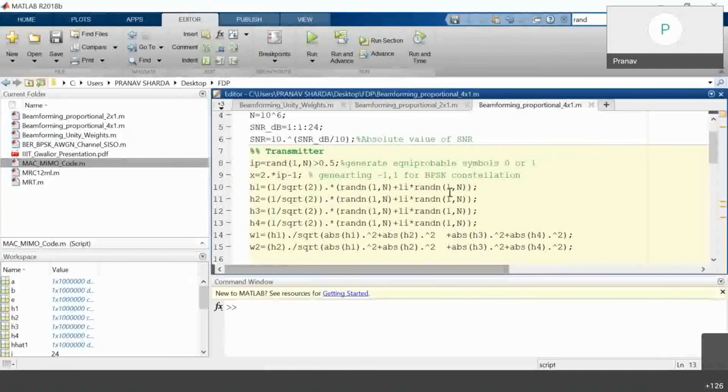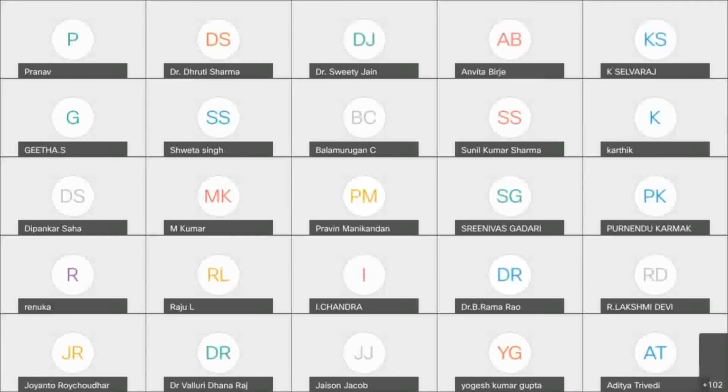Now, I request my colleague Ashish Khan Shukla to discuss the combining techniques. I am stopping sharing so that he can share his screen. I request Sir Godfrey to make Ashish the presenter. Sir, I am not co-host or host, so I am unable to do that.